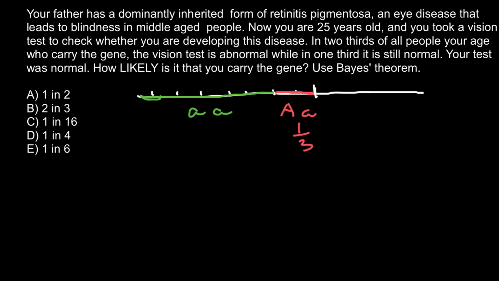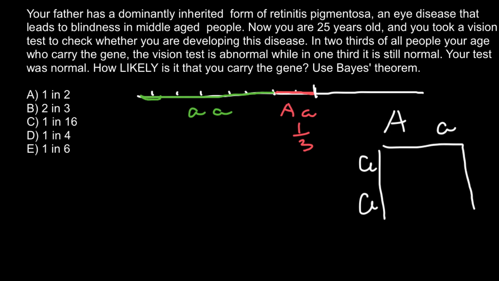And also what we know about the father and mother of this person: we know that the father is affected, so his genotype is capital A, small a, and nothing is said about his mother, so we have to assume that she is phenotypically and genotypically normal.